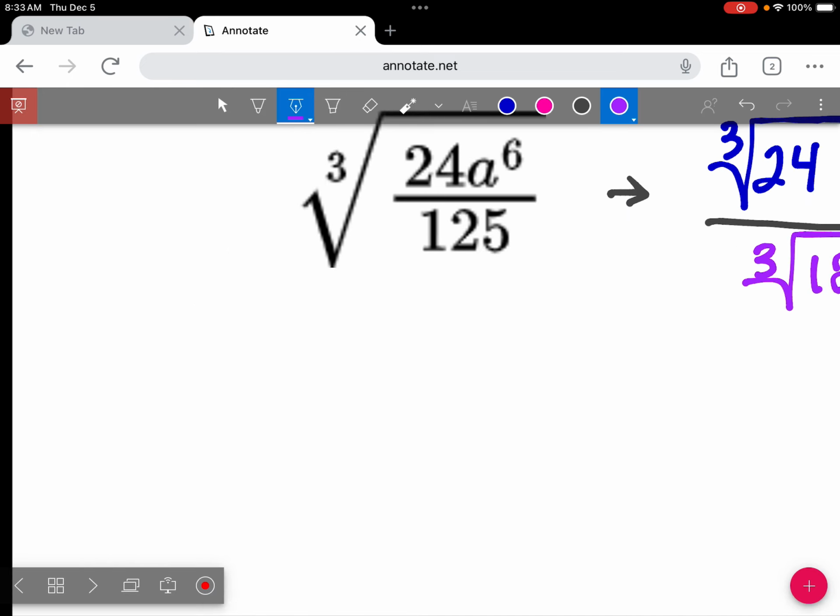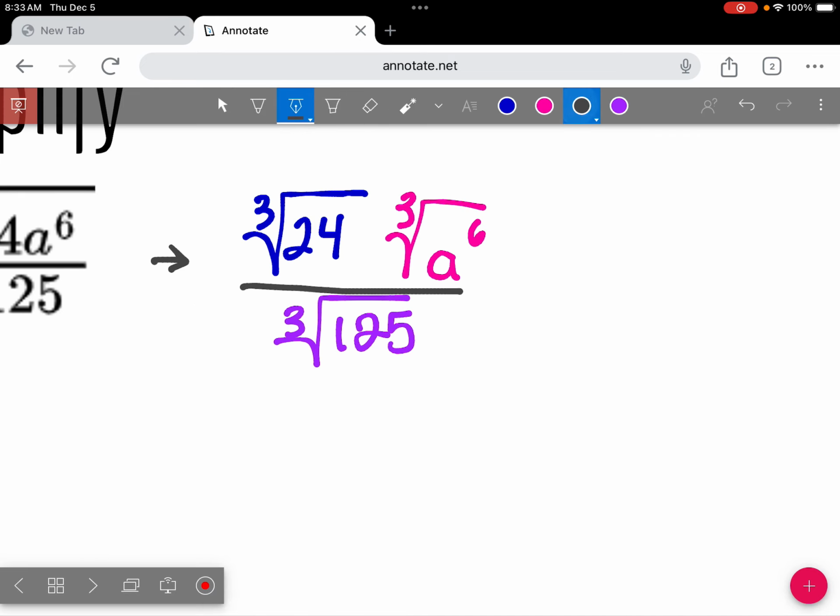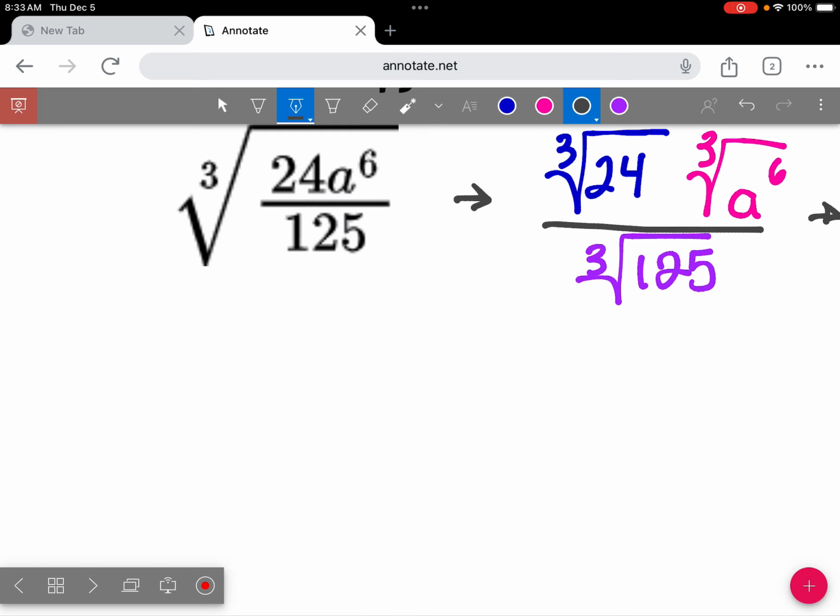And then I'm going to simplify each of those pieces individually to then put it back together as a fraction. And I'm actually going to go in what feels like a very backwards order, but I promise I'm just saving the 24 for last.